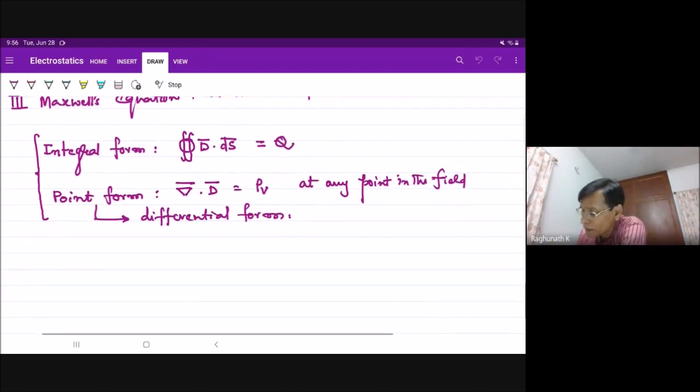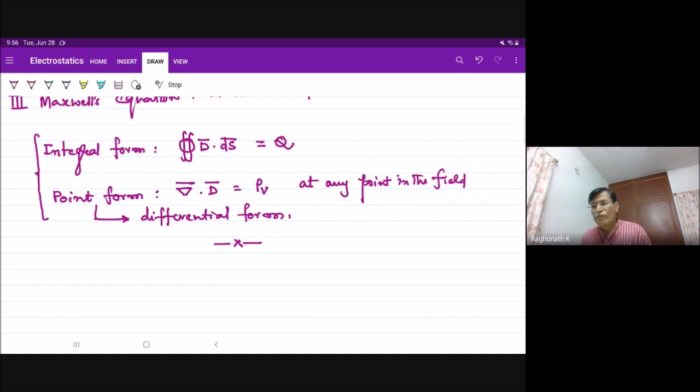Because there are examinations I saw where they say third Maxwell's equation is due to which law? It's basically these being studied as the applications of Gauss law.